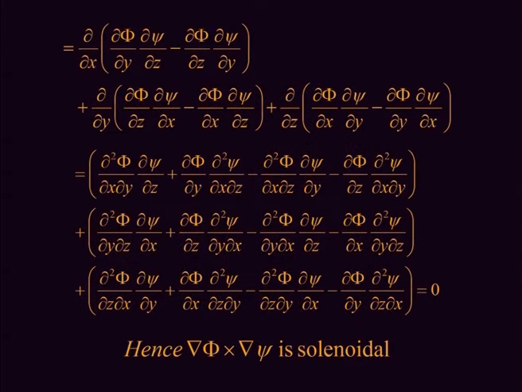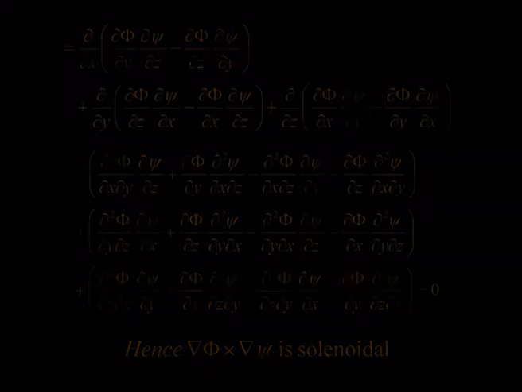On simplification, we find this is equal to 0. Hence, del phi cross del psi is solenoidal.